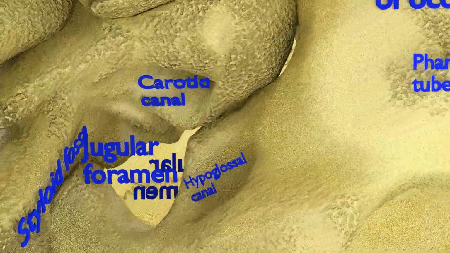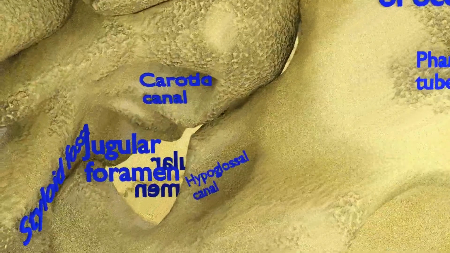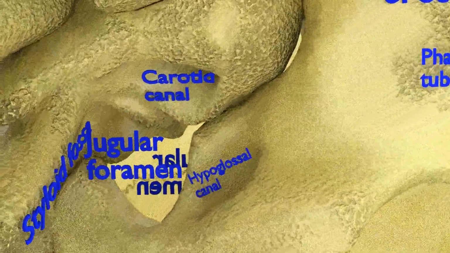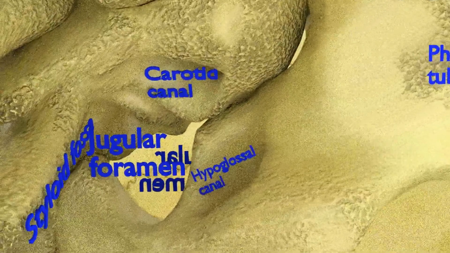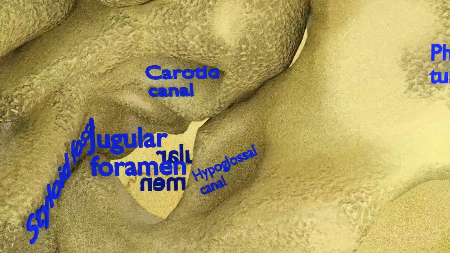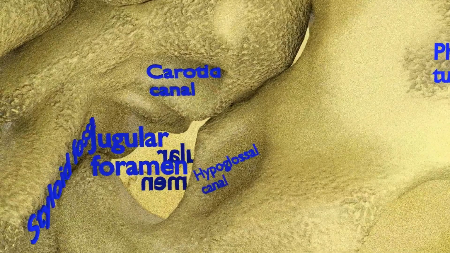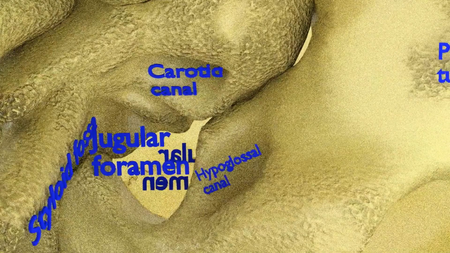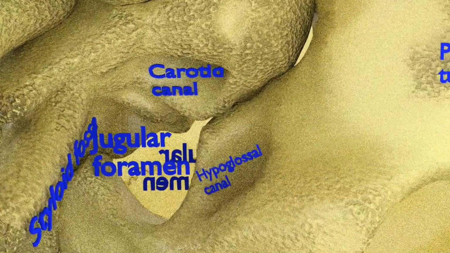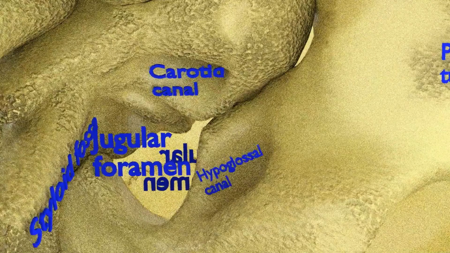Sigmoid sinus and inferior petrosal sinus are formative tributary of internal jugular vein. Foramen spinosum, ovale, lacerum, pharyngeal tubercle have been shown above jugular foramen, which we will discuss later on.